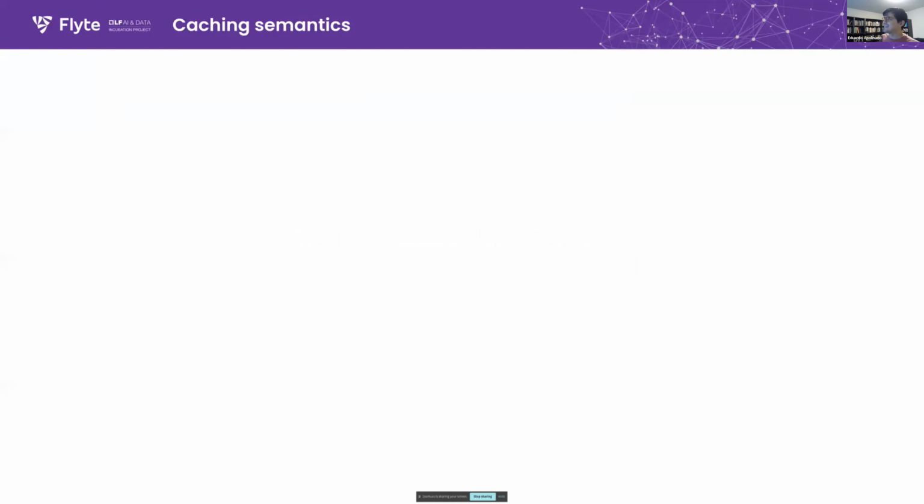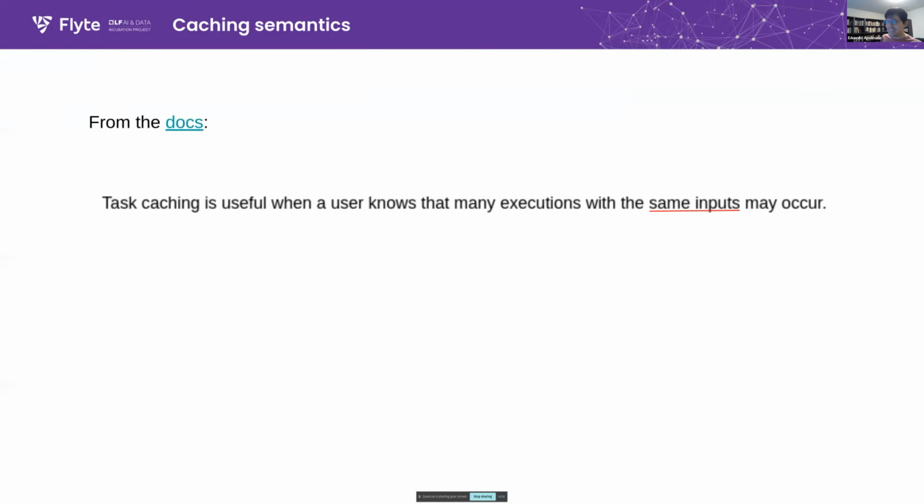So yeah, caching, again from the docs. Task caching is useful when you know that you're going to be executing a task with the same inputs. So let's talk about what this notion of sameness is that Flyte lets you work with.